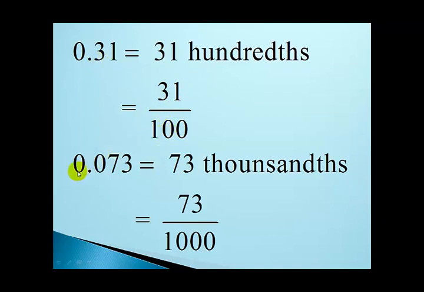Now with 0.073, that is equal to 73 thousandths. It's equal to the number, 73, divided by 1 followed by 3 zeros, because 0.073 is in 3 decimal places. So in all, 0.073 is equal to 73 divided by 1000.